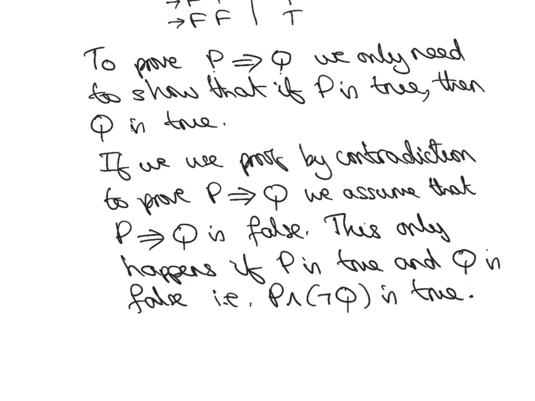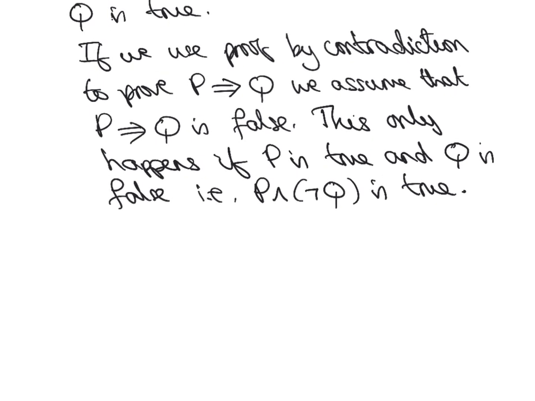So when working through a proof by contradiction, starting with the assumption that P implies Q is false is the same as assuming P and not Q is true. And that's a good place to start because that gives you something concrete to work with. So let's look at an example.